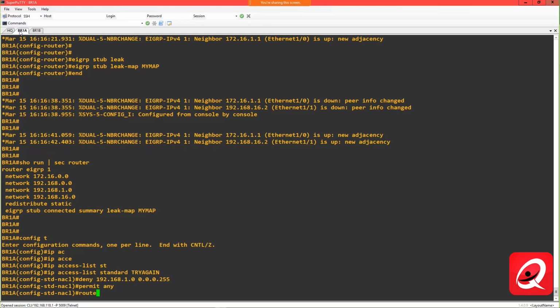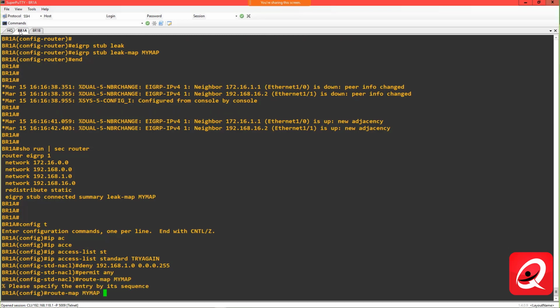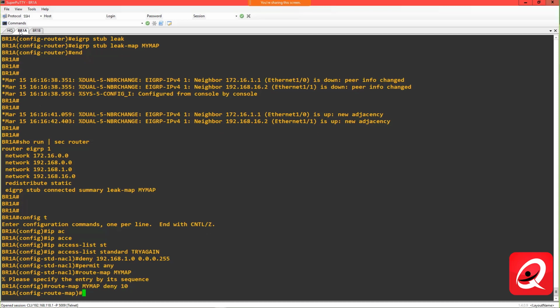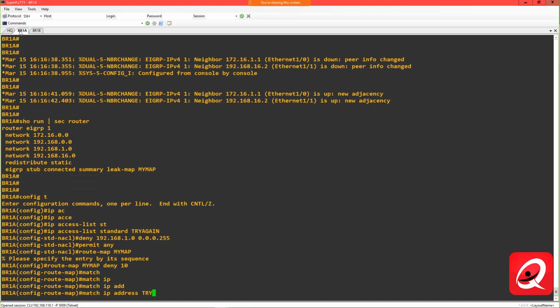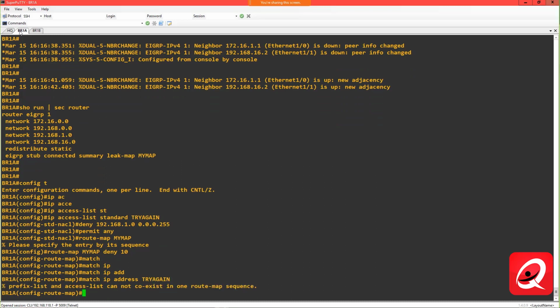And I'm then going to go into route map, my map, deny 10, match IP address, try again. Oops. Do show run section route map. I've got to take out the reference to the prefix list first.